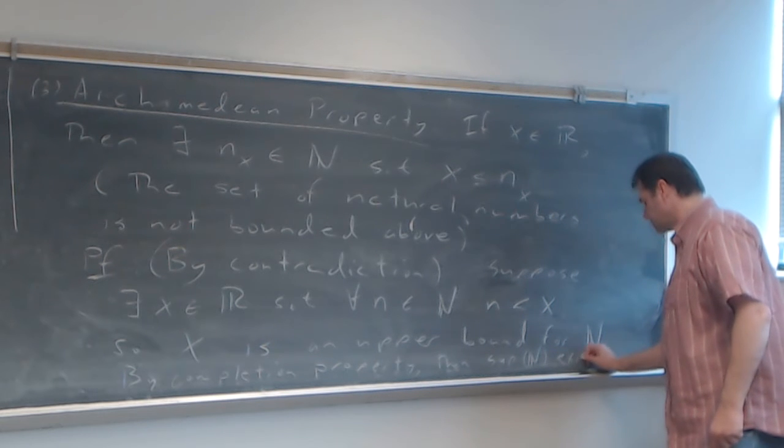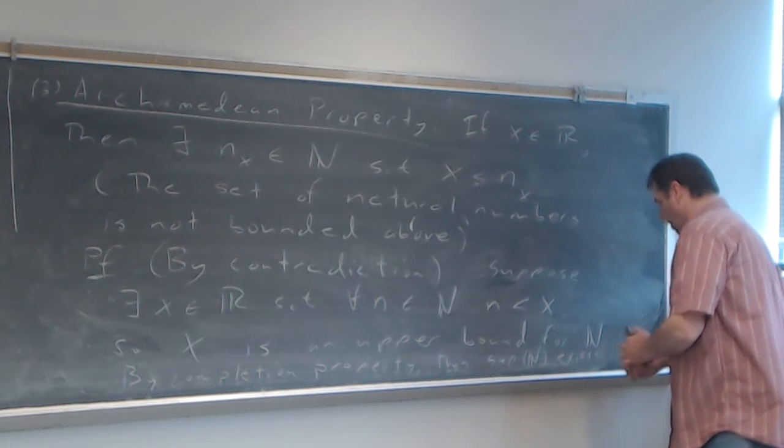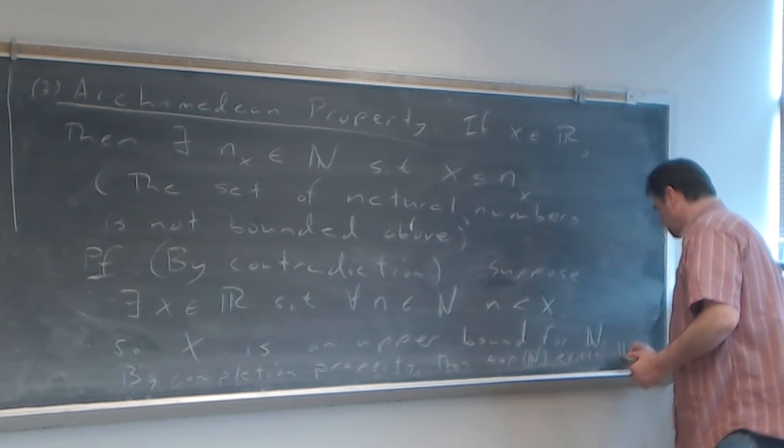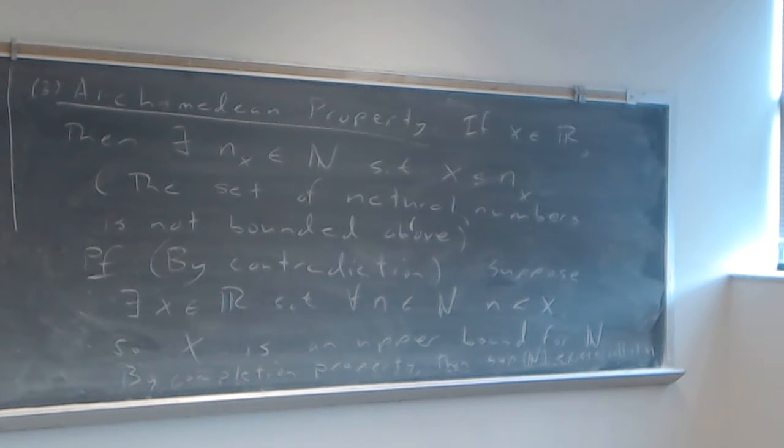It's a real number. Let me call it u. So u is the supremum of script N, which I know exists because in our assumption we're saying that N, the set of natural numbers, is bounded above. And hopefully we'll get a contradiction. So I'm calling the supremum of N u.